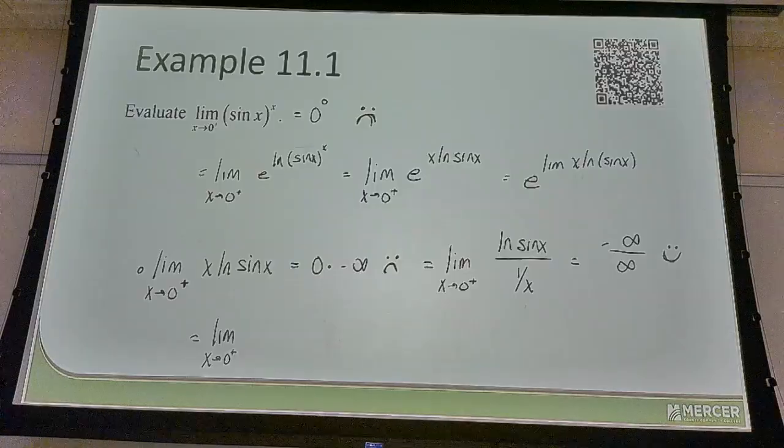What is the derivative of the numerator? It'd be cosine over sine, or cotangent. Derivative of the denominator: minus 1 over x squared.